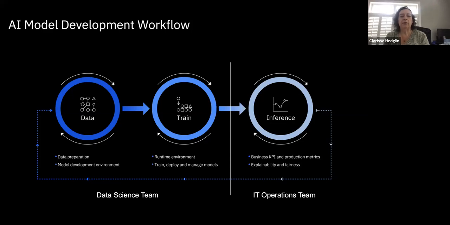So you've got your data, you're going to train, you have a runtime environment, and you will iteratively train, deploy, test, until you get to a point where you've got a model that has learned from your existing data and you feel confident in the accuracy or whatever key metrics you're applying to those models to go out and inference. And that's the same as deploying your model and using typically APIs to call your model to come up with inferences or predictions of what your model is built to look for.